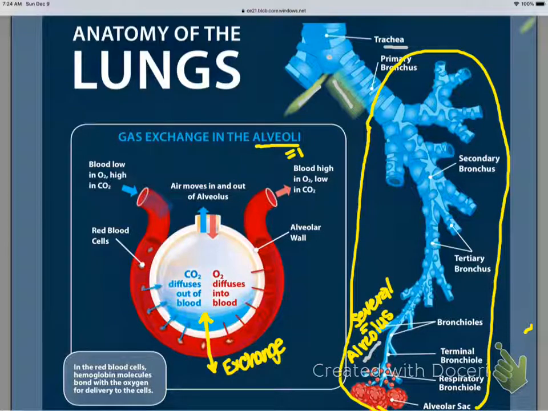So they've got the blue arrow here, but like I said, I probably would have drawn this blue because you've got the blue unoxygenated blood that's high in carbon dioxide, right, coming in.